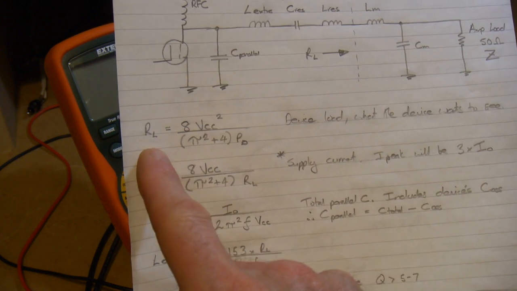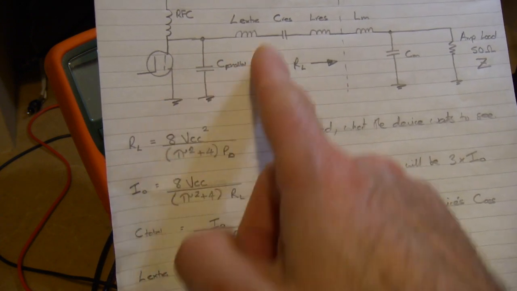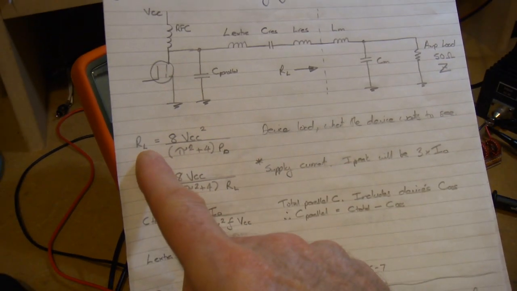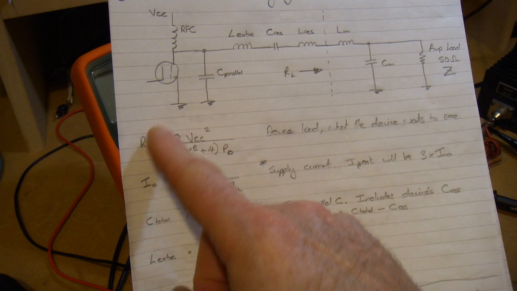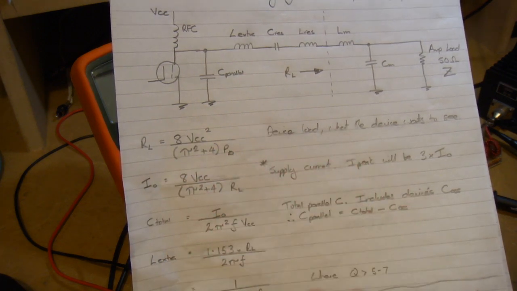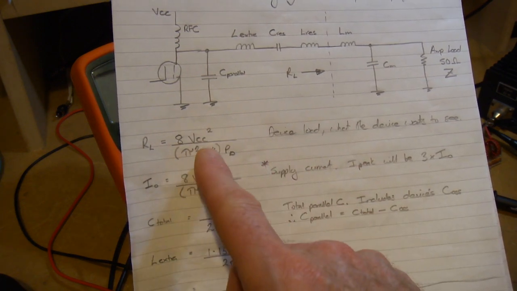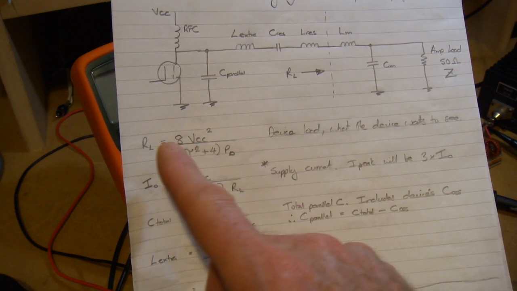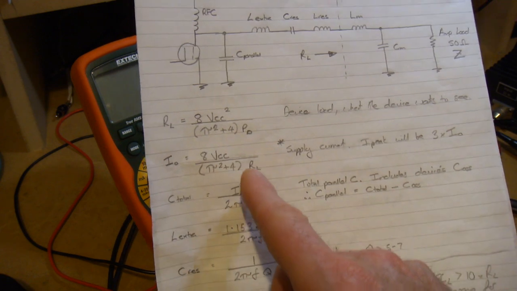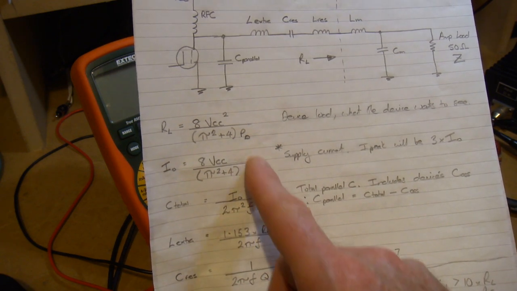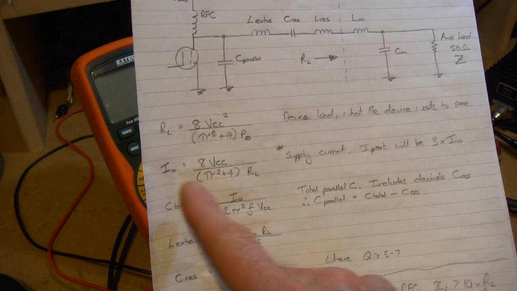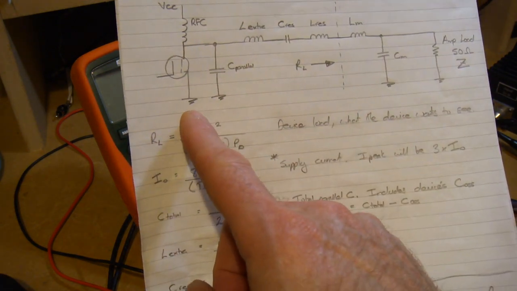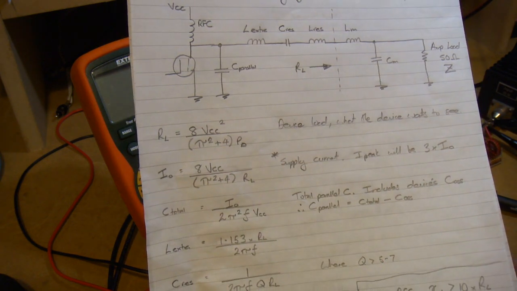So first things first, working out what the device wants to see by way of a load, which I'm just calling RL here. Again, I won't go into the details because there's no point. It's going to be reading out numbers, but there goes the equation there, and you'll come out with RL. We can now use that in the next formula here to work out the current IO, so the average DC current that's passing through that particular device.